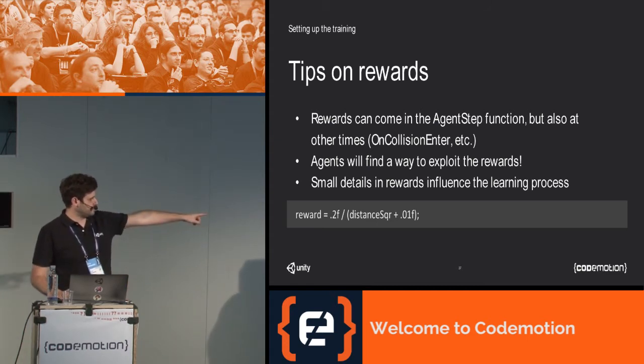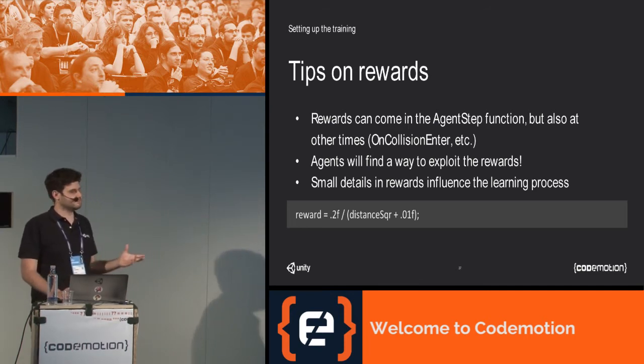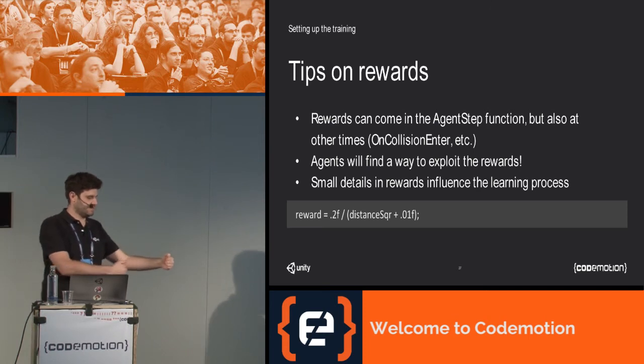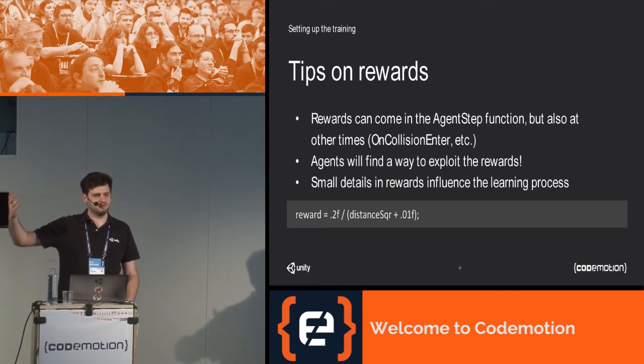For instance, here, the reward was assigned as 0.2 divided by the square distance from the target. Because the distance is squared, the reward becomes very high when the agent is quite near, but very low when the agent is quite far. So when he was very far, he wouldn't even bother.